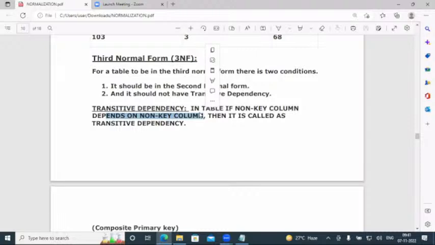A non-primary key column depends on another non-primary key column in the table. Those columns we call transitive dependencies, and those columns we need to separate. Separate means create another new table. That is called separation.